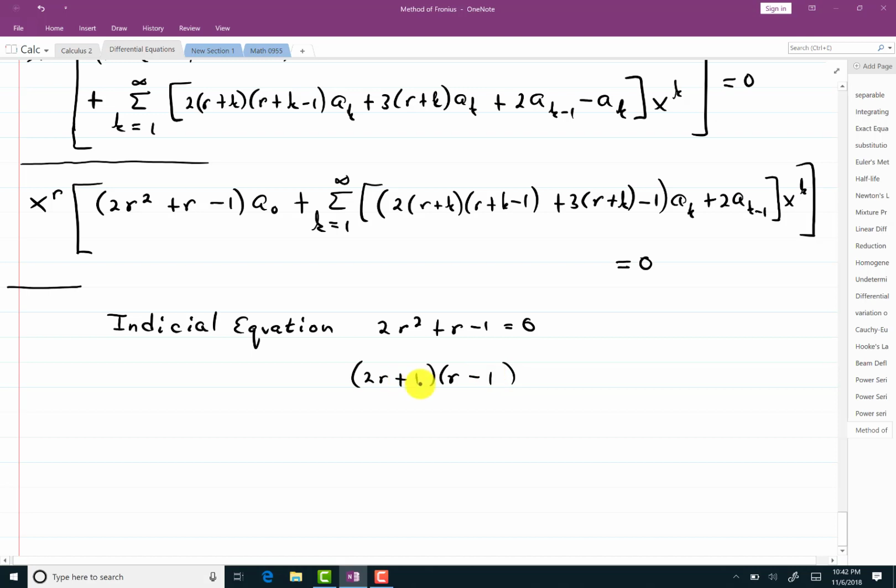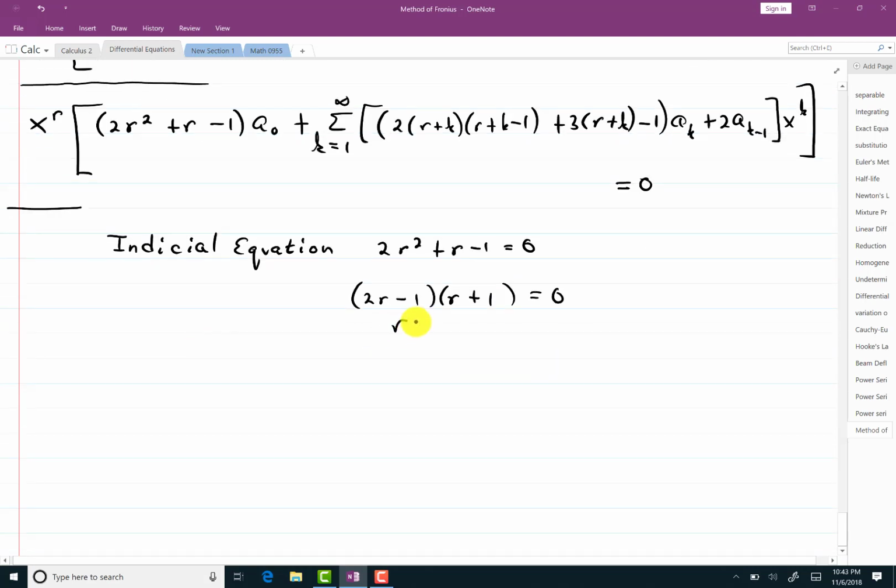I think this will work. Let's see what happens here. We have 2r squared minus 2r plus r. Oops, I have these backwards, so let me change this to an r plus 1 and then a 2r minus 1. Let me try it again. 2r squared plus 2r minus r makes that a plus r and then minus 1. Good. So my initial roots are r equals 1/2 and r equals negative 1.